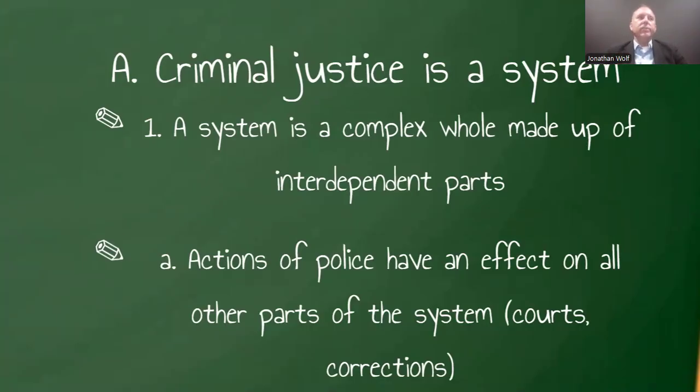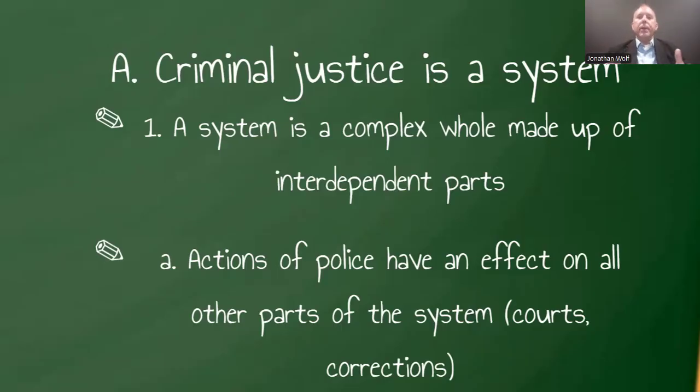Lowercase a says actions of police have an effect on all other parts of the system, courts and corrections. So without the police, there would be nobody going to court unless it's a civil matter, which we'll talk about later. But there would be nobody going to a criminal court without the police. Nobody's going to prison or jail without the police. Every person that is in jail or prison has been arrested or charged by a law enforcement officer.